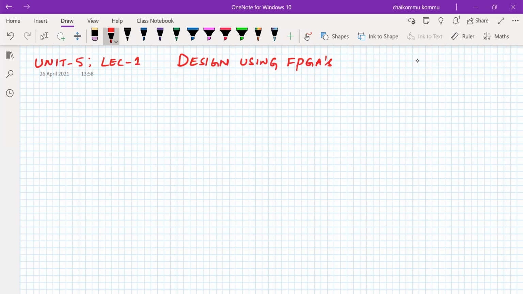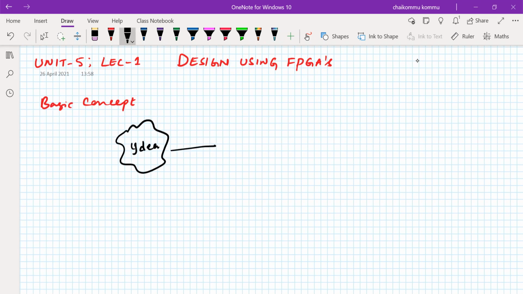So the basic concept we have seen so far is that whenever we have an idea related to any application or any circuitry, it is designed or described with the help of HDLs.